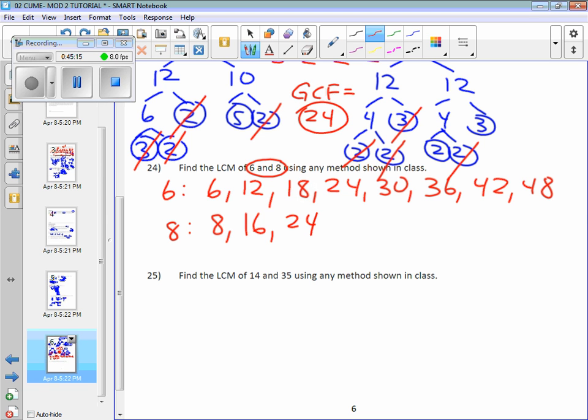And I make a match at 24. That's the lowest number that 6 and 8 can go into. So my LCM is 24.